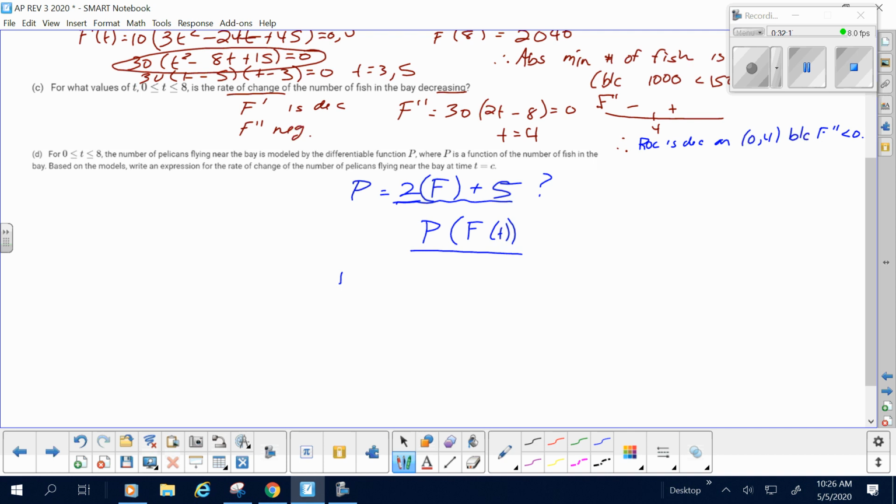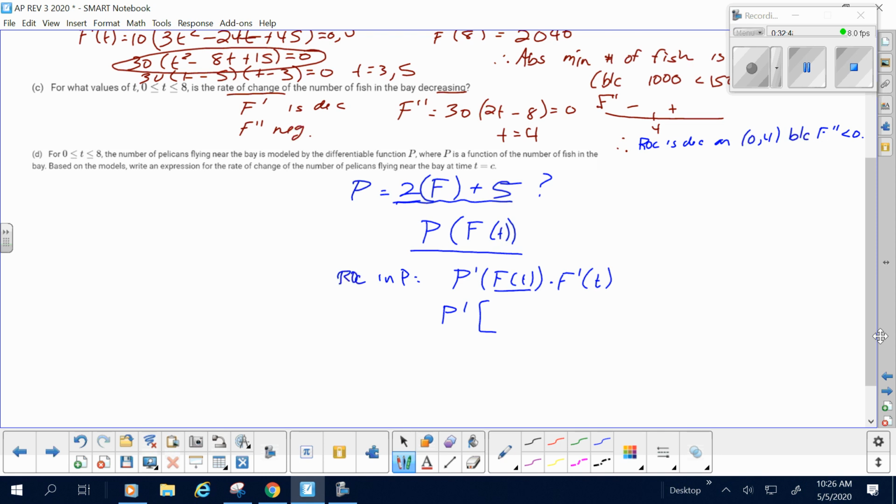The rate of change in P would be the derivative of the outside with the inside the same, times the derivative of the inside. Now, I was pretty confident that was right, but then I thought, oh, maybe not. So I looked up their answer, and I think I would have lost a point because the concept is good, but they wanted you to go all the way and put these in.